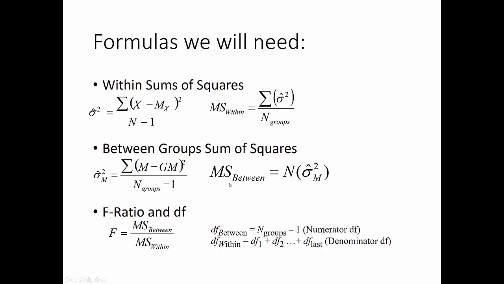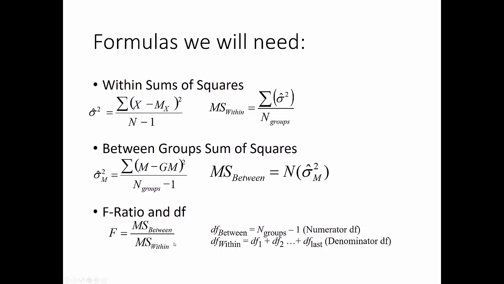And to get our MS between, we're simply going to take that value that we get in that first step with the grand mean and that variance we compute and multiply it by n, where n is the size of the groups that we are using here. So in today's example, we have 15 people total, but they're assigned to 3 separate groups. So that's 5 people within each group. So our n, as you'll see, will be 5.